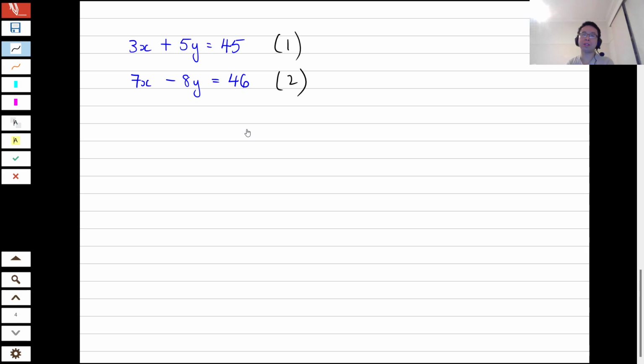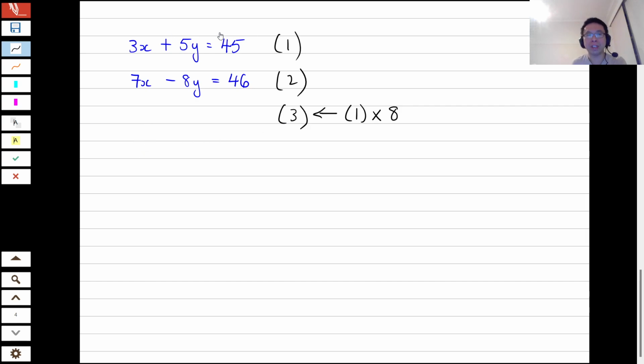What we can do is we can multiply each equation by a certain number so that the coefficients are the same. So what I'm going to do is I'm going to eliminate y by first defining a new equation, which I will call equation 3, by doing equation 1 times 8.